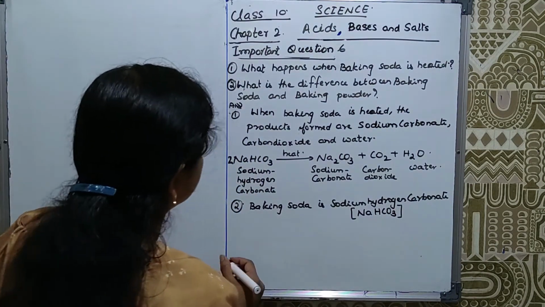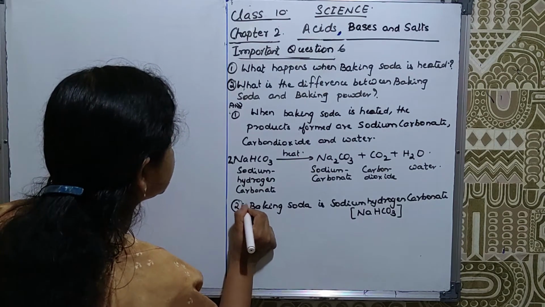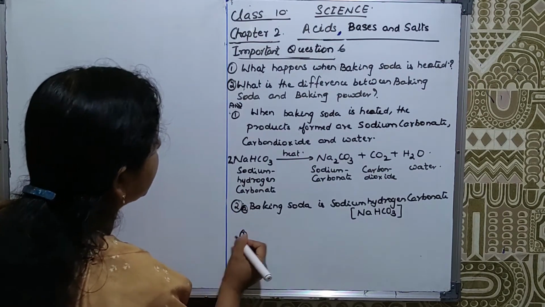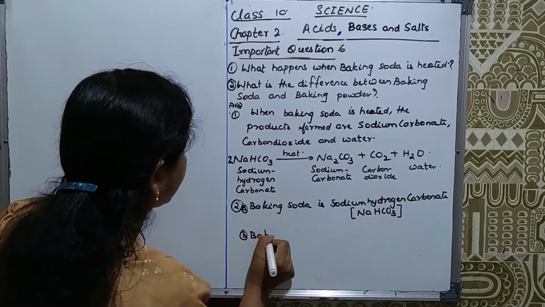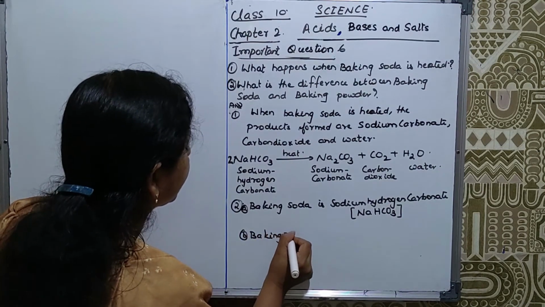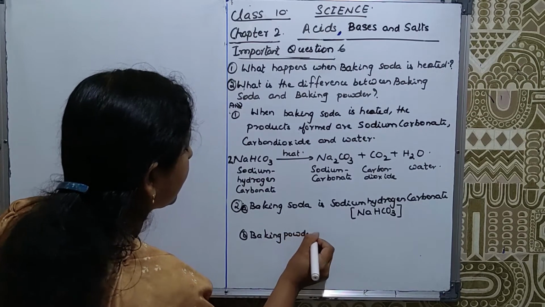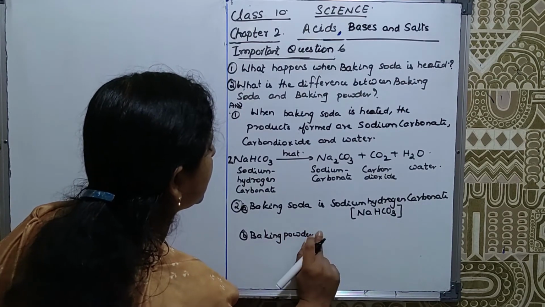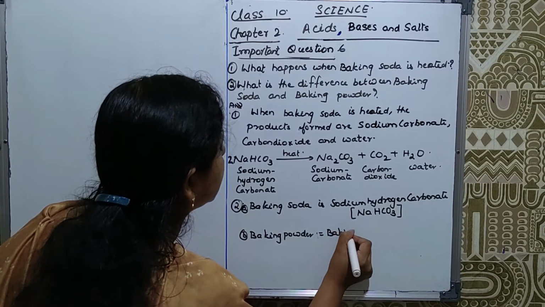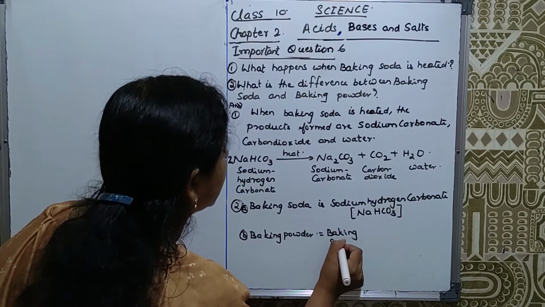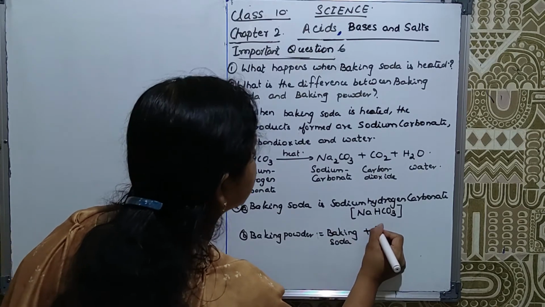Now baking powder. Baking powder is a combination of baking soda and tartaric acid.